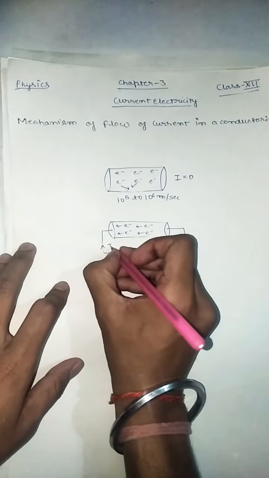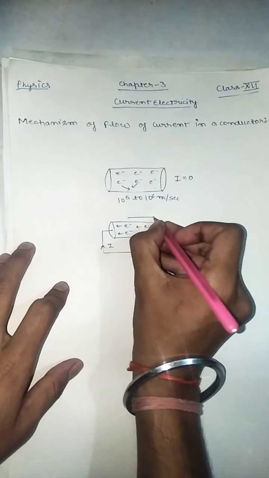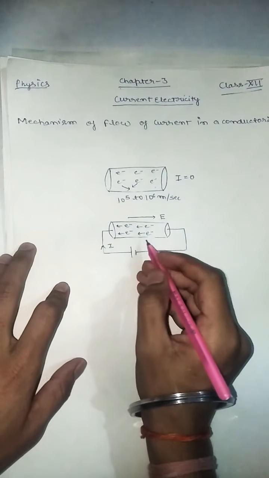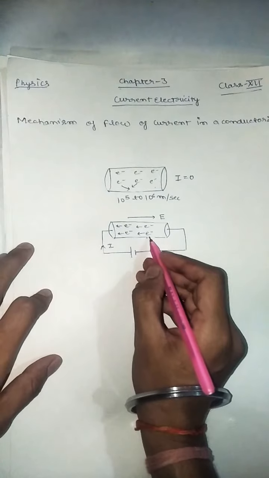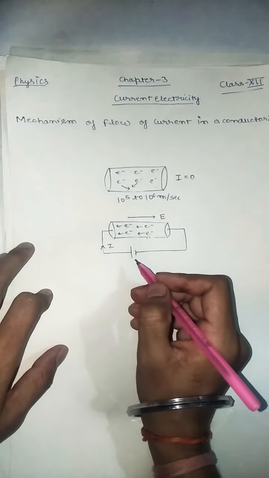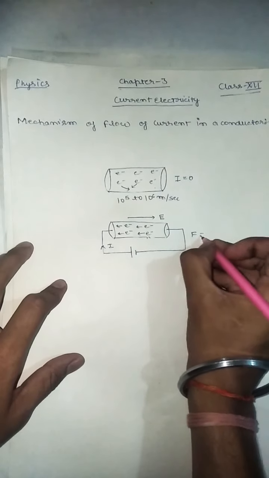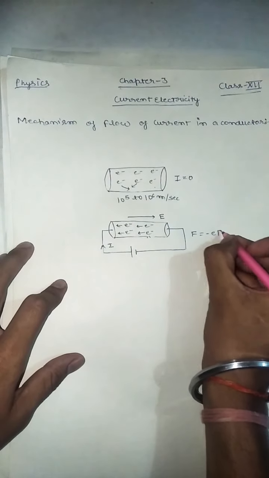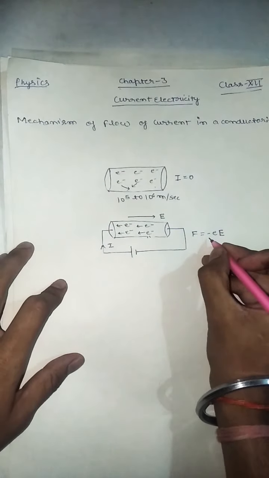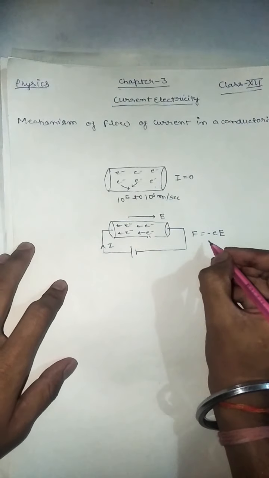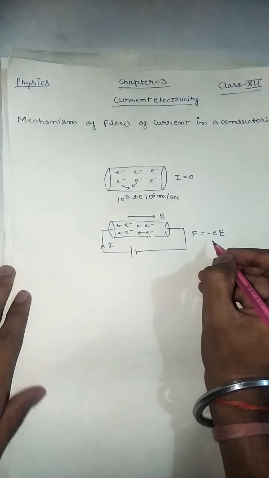If the current flows in this direction, the electric field is generated in this direction, then these electrons tend to move opposite to the direction of the electric field. They experience a force F equals minus eE. Why am I using minus? Because it is in the opposite direction of the electric field.